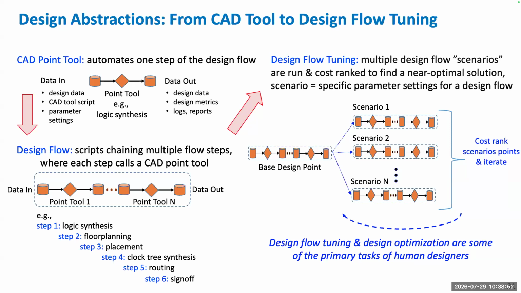It could be a nice trade-off between runtime and QOR, or let's say metric accuracy. But the idea is now we're working at the pipeline level of granularity, and we're putting a system around it to manipulate that pipeline. So hopefully design flow tuning makes sense.